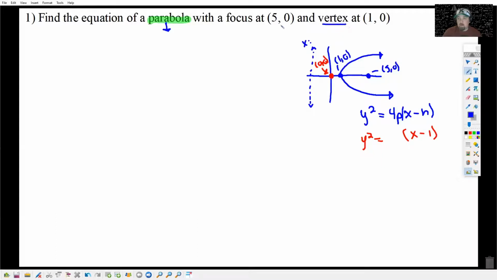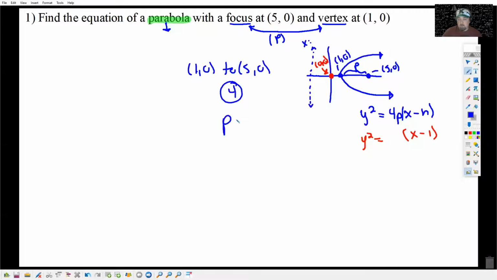One thing about a parabola: the distance between the vertex and the focus on that straight line is always equal to p, meaning the distance right here is p, because it'll be the same distance to the directrix as well. So if we can find the distance between (1, 0) and (5, 0), we'll know what p is. From 1 to 5 is a distance of 4.